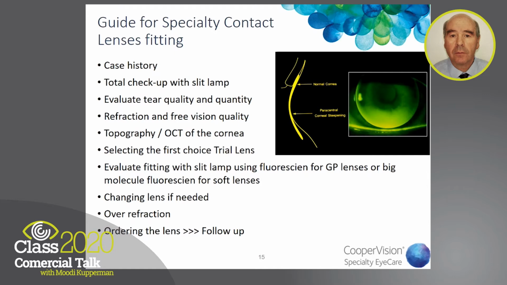Selecting the first choice trial set, evaluate the fitting with slit lamp, using fluorescein for GP lenses or big molecule fluorescein for soft lenses. Of course, if we try something and it's not good, we have to change the lens. Then we have to get the final power of the lens and then order the lens.